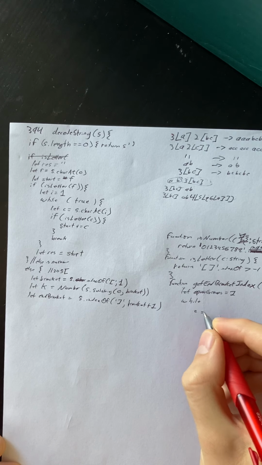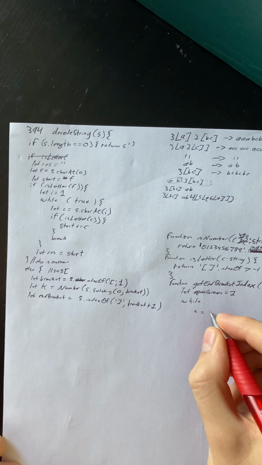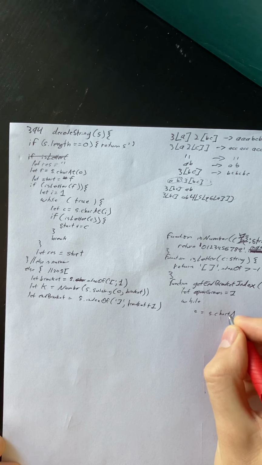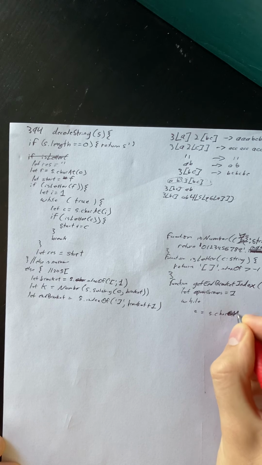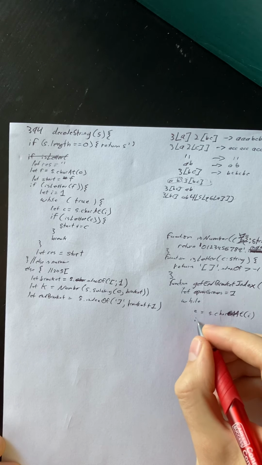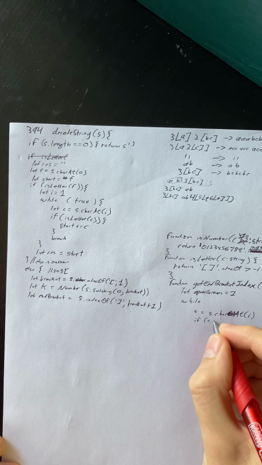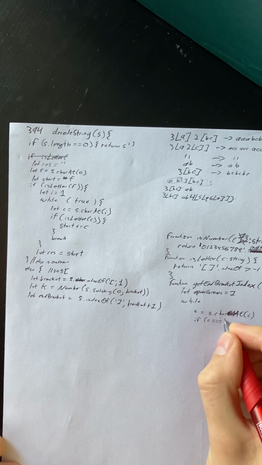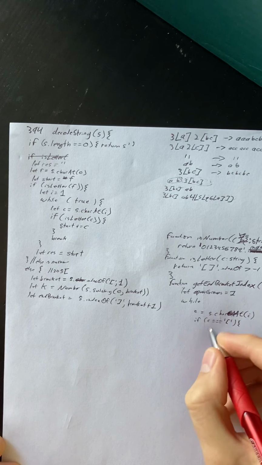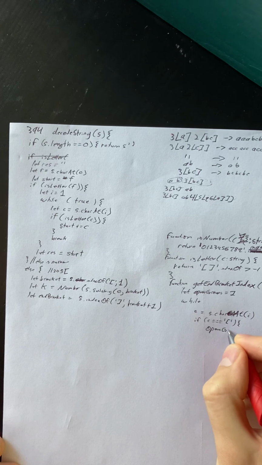C is equal to s dot char at I. If C equals another open bracket, we're going to say open groups plus plus.